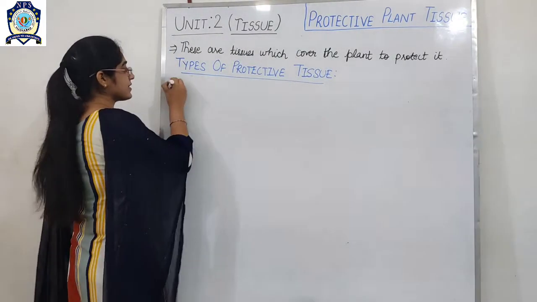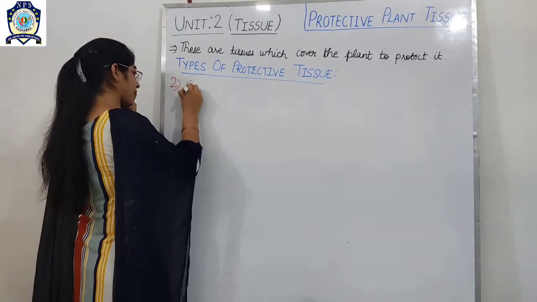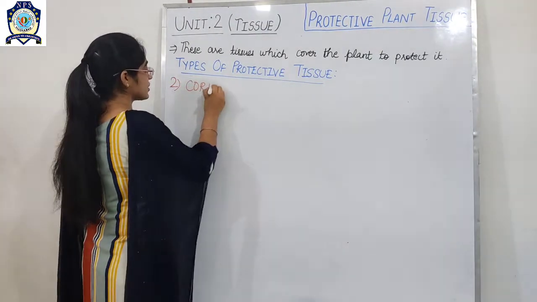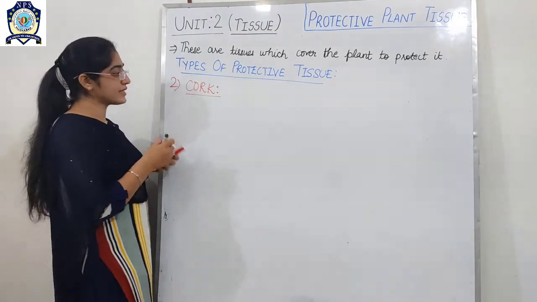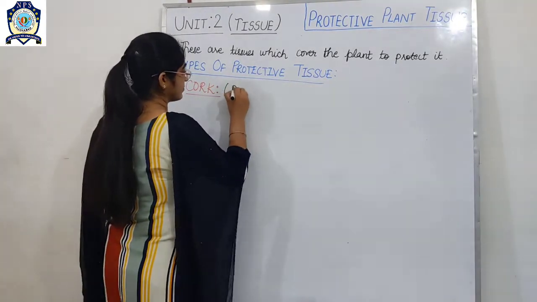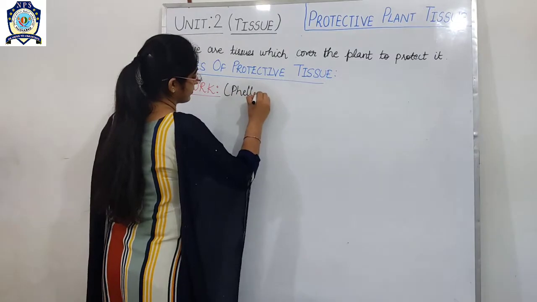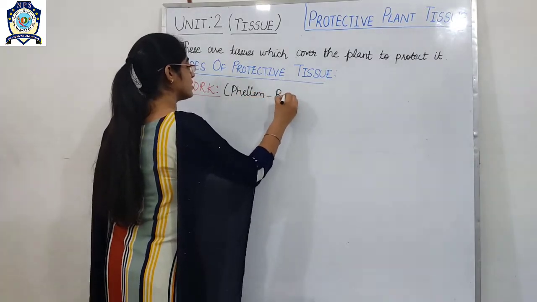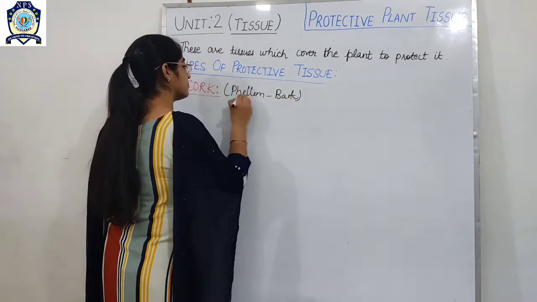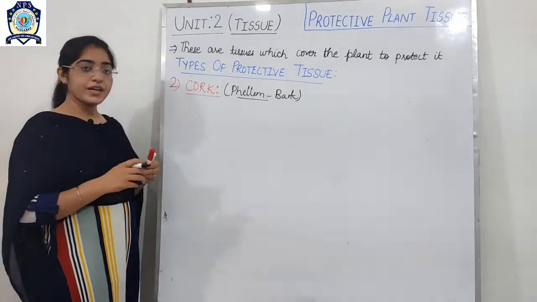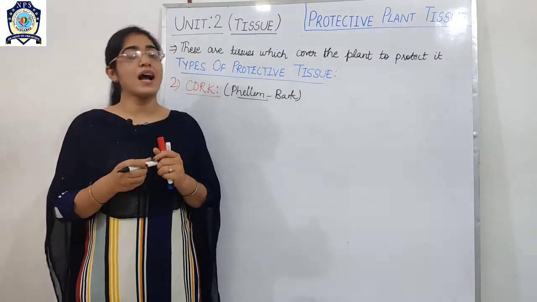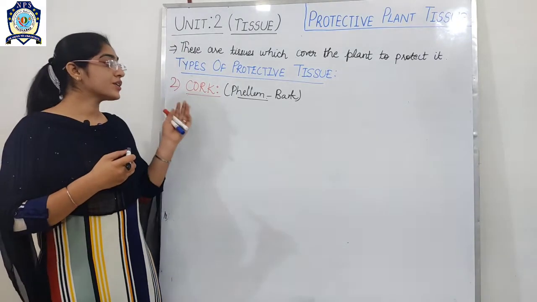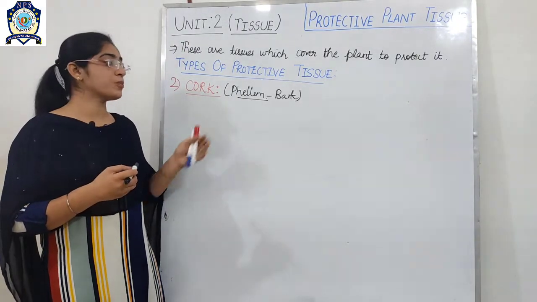So next is the second protective plant tissue, which is the cork, or you can say the phellem, which means the bark.